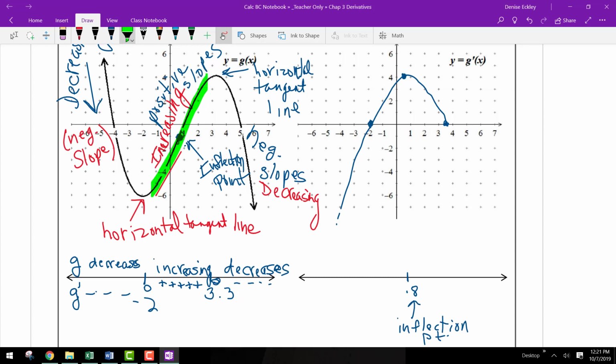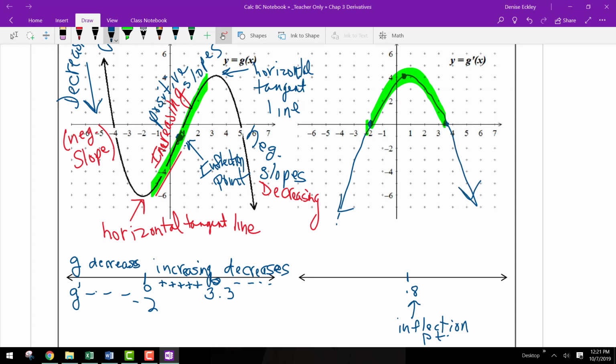So this whole section translates to this. And right in the center of that is going to be that inflection point. And then after that, I have negative slopes again, so the graph's going to look like this.